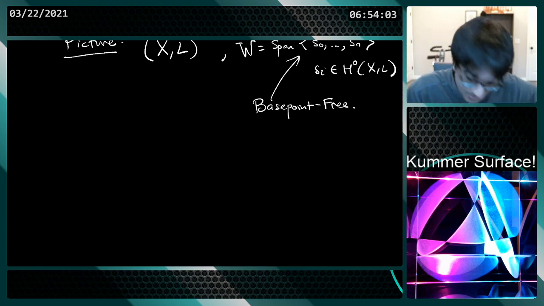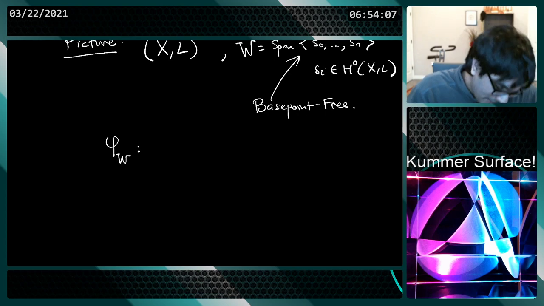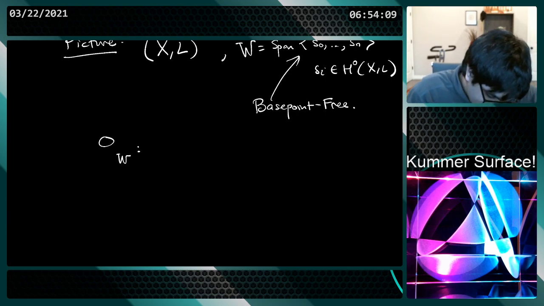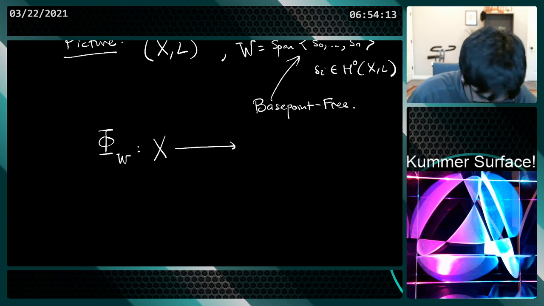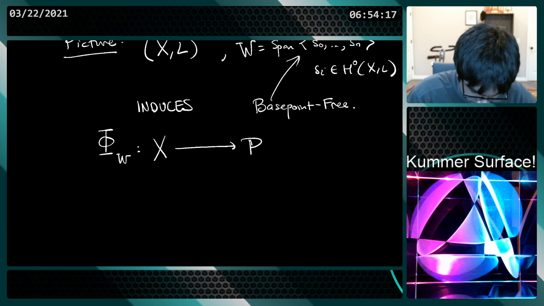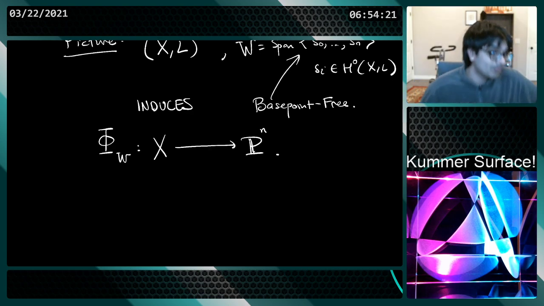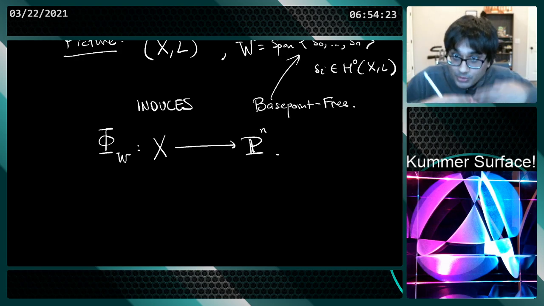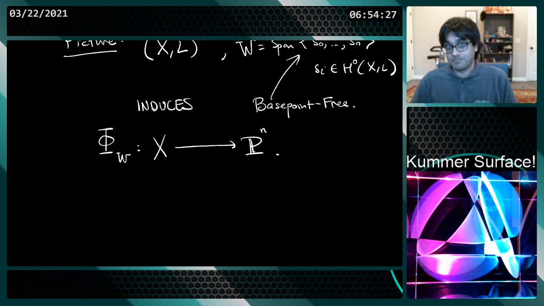You get this map. Phi sub W. Maybe not phi. We'll call it this thing, capital Phi from X. This induces the map that I wrote before. Okay, so it's a regular map. It's actually a regular map from X to Pn.